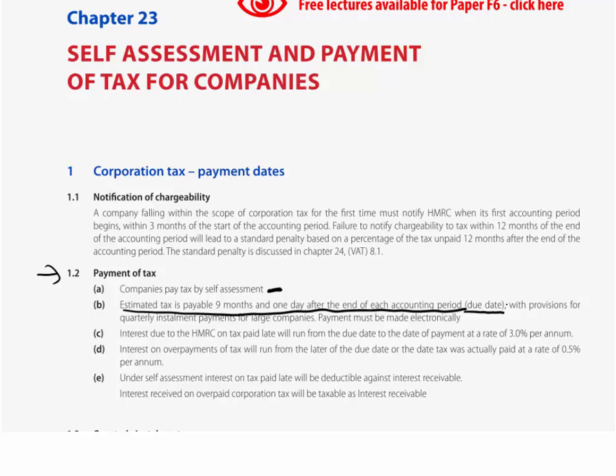Now that applies in the absence of the company being classified as large and then having to make quarterly instalment payments. The normal due date is 9 months and 1 day after the end of the accounting period.